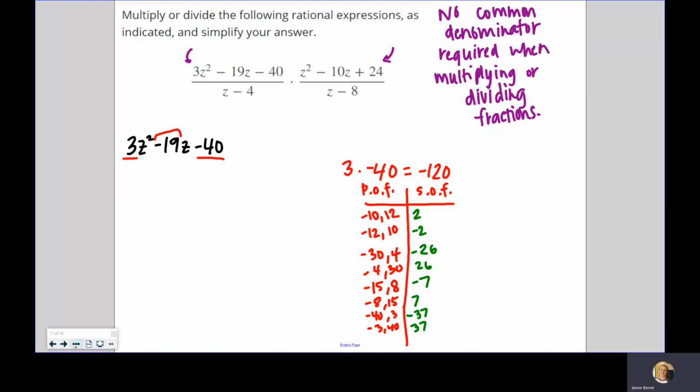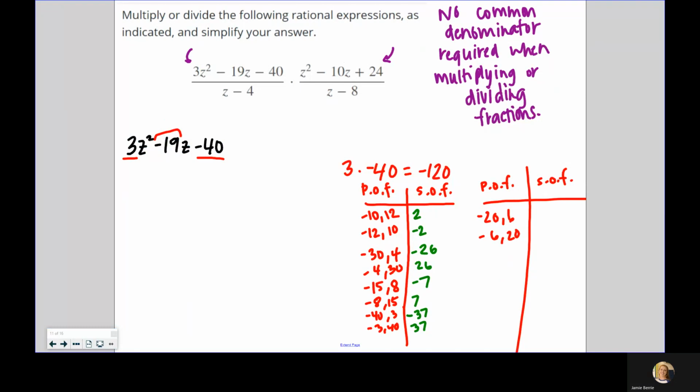I'm going to go ahead and just continue my little table over here. Pairs of factors, sums of factors. You may already have found the factors. I genuinely do not know them yet. Let's see, we could do 20 and 6, negative 20 and 6, negative 6 and 20.